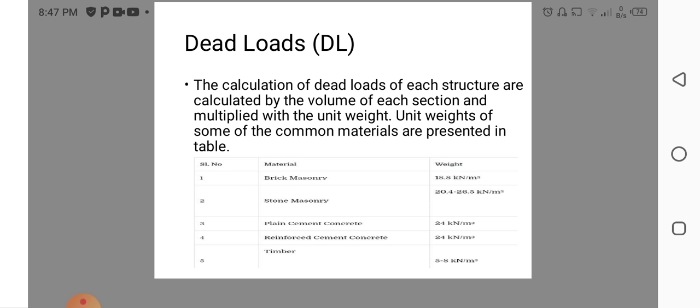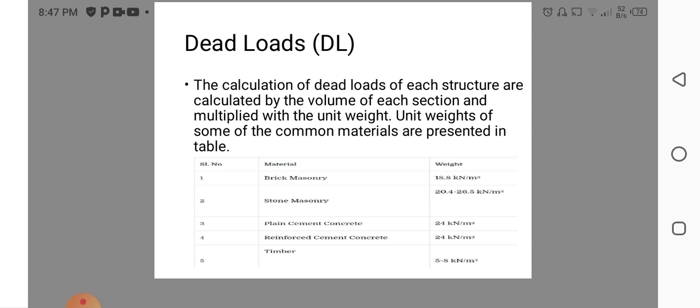So here we will be discussing the unit weight of some of the materials. For brick masonry, unit weight is 18 kN per meter cube. Stone masonry, it is 20 to 28 kN per meter cube. PCC, plain cement concrete, we are taking 24 kN per meter cube.